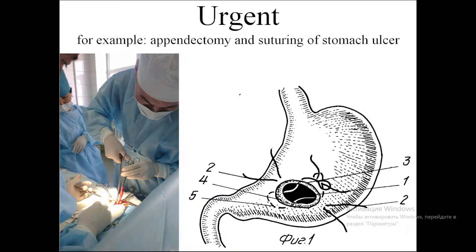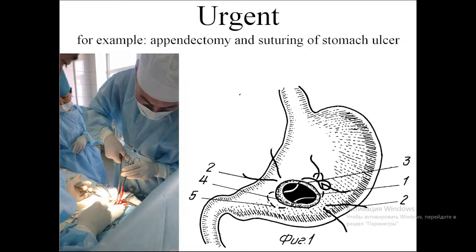The next operation is related to the urgent operation. For example, you can see in the slide the appendectomy when the patient has appendicitis. In the first picture you can see the appendectomy.